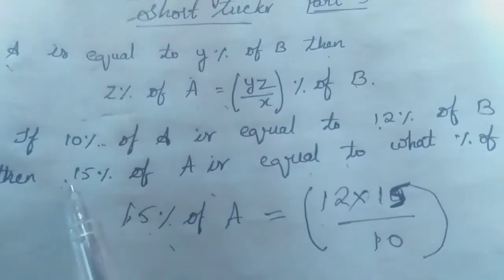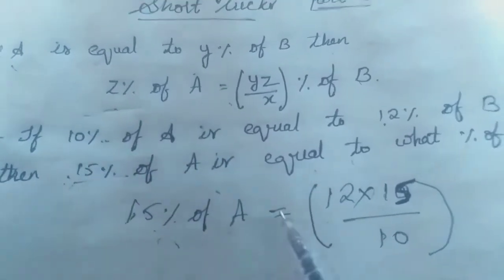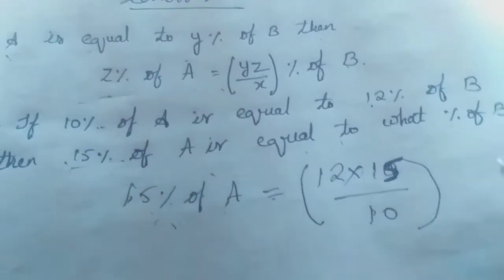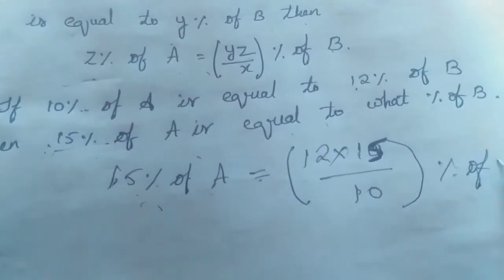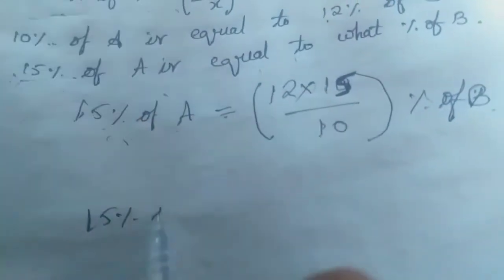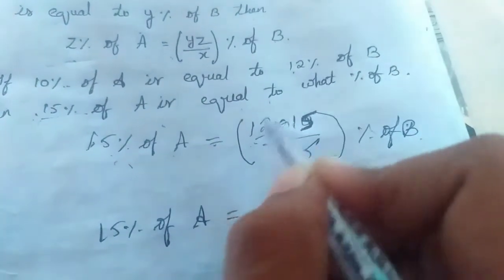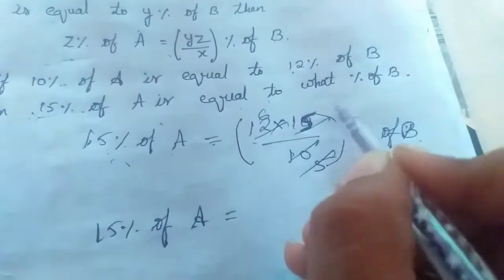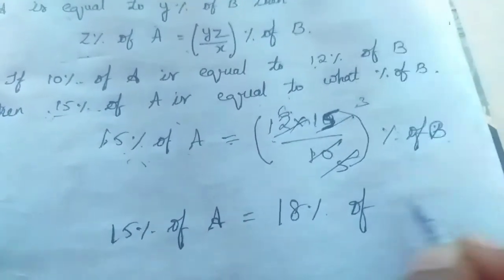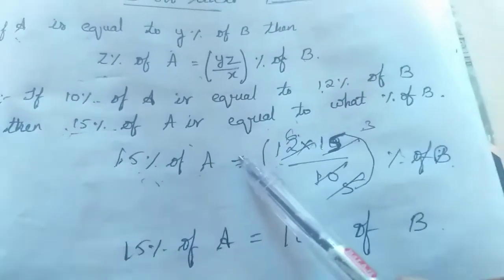So 15% of A is equal to 12 into 15 by 10 percent of B. Now 2 5s are 10, 2 6s are 12, 5 3s are 15, 6 3s are 18% of B. By using this formula we can do this easily.